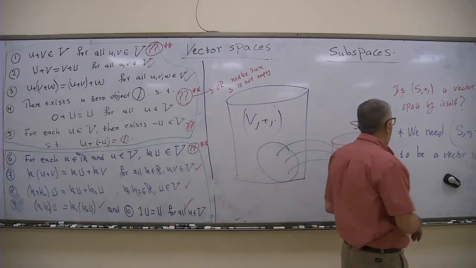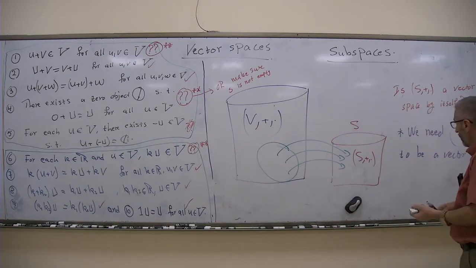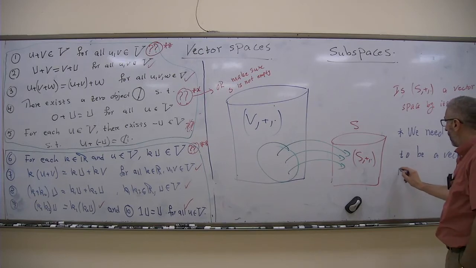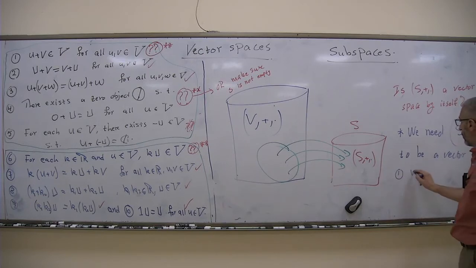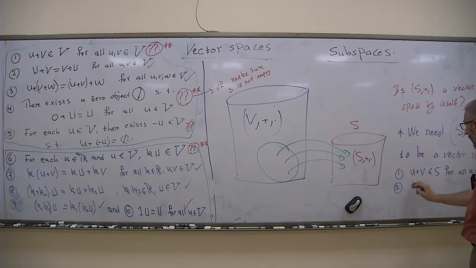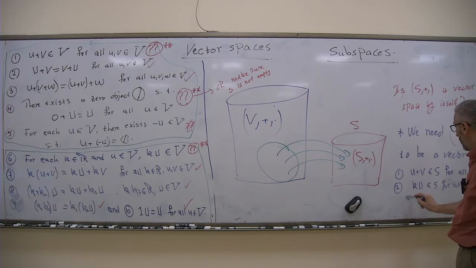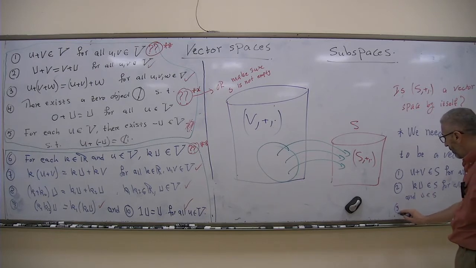Okay, so here, number 1, we need U plus V in S for all U, V in S. Number 2, you need KU belongs to S for all K in R and U in S. And maybe this one I should put first.